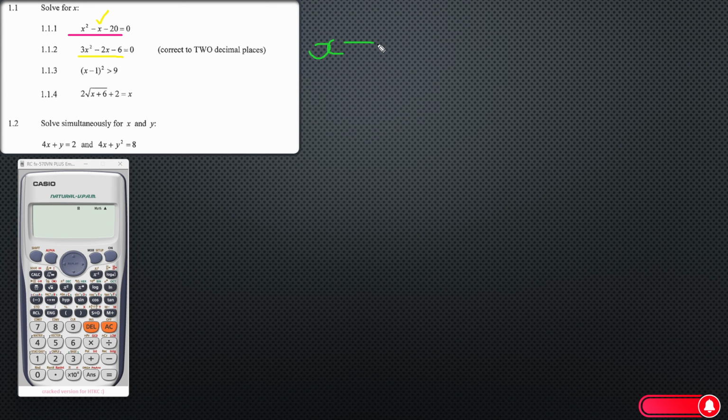Our quadratic formula is x is equal to negative b, plus or minus the square root of b squared minus 4ac, all over 2a.